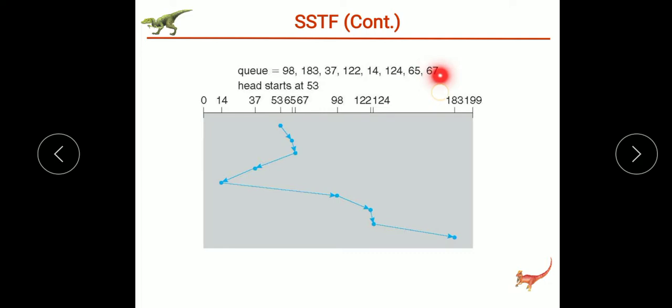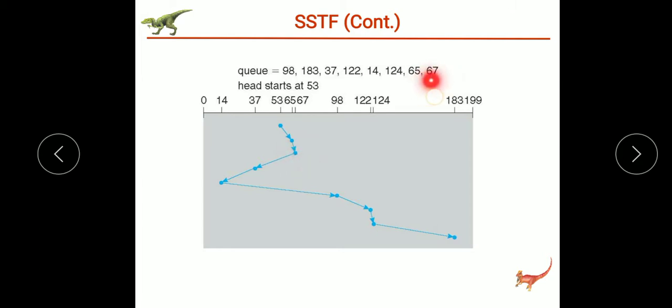In this queue, 65 is the nearest request to 53. That's why it will first move to cylinder 65. And for 65, the nearest request is 67.